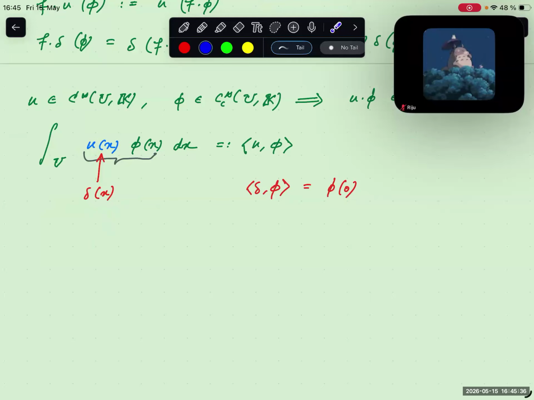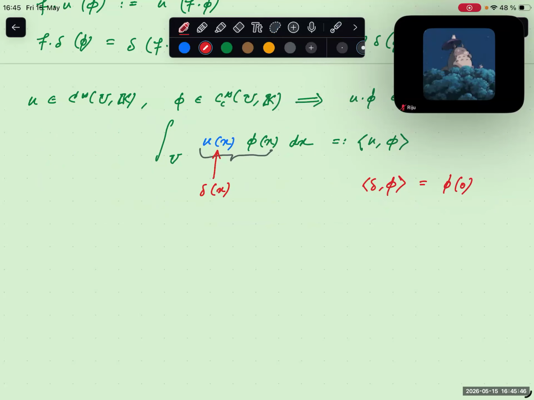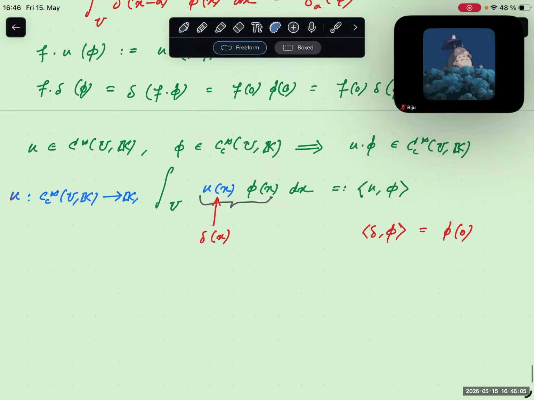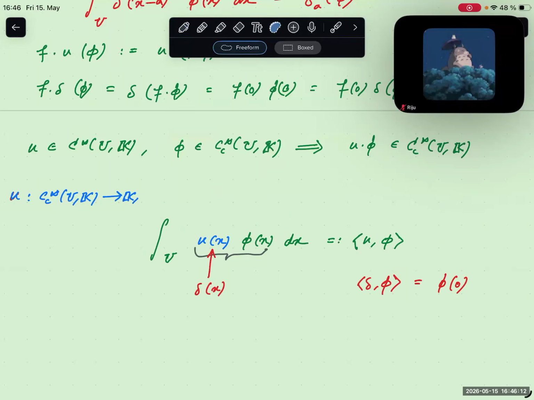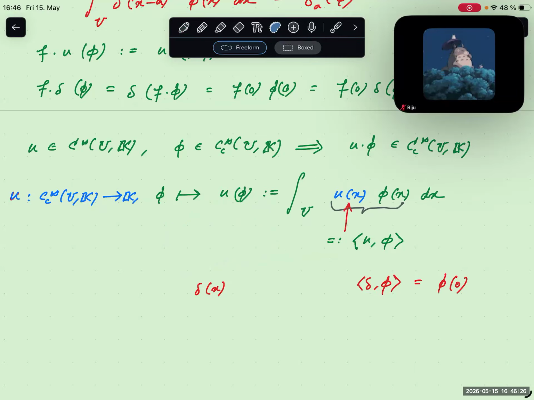So let us consider it as a distribution. So I say like this: U, acting on the test function space. Now I define this by this.